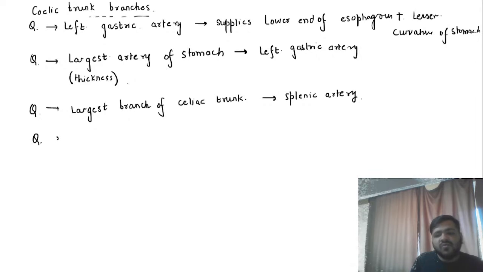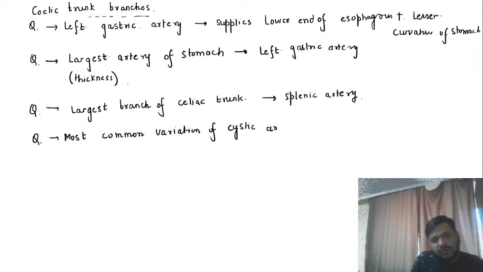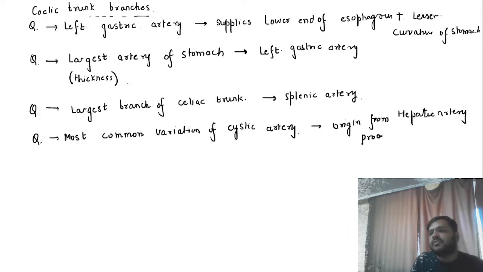Next question: the most common variation of the cystic artery is origin from the hepatic artery proper.